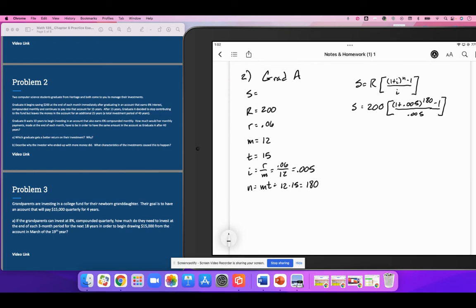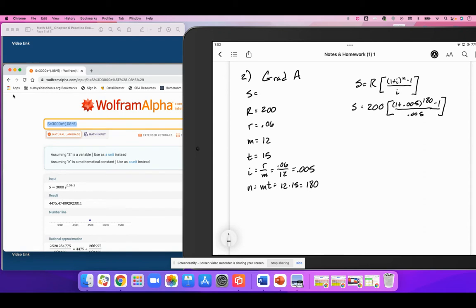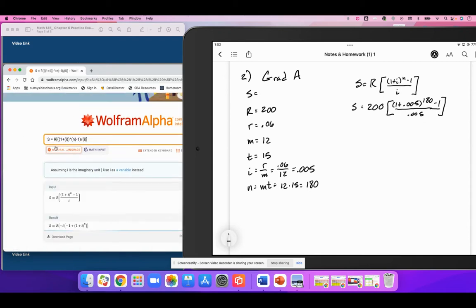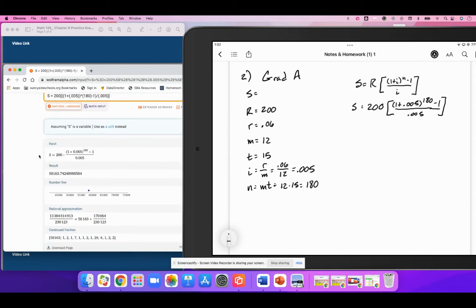Again, future value of ordinary annuity, because the amount of money we're contributing to this account and hopefully the size of the account is growing. So we end up with $58,163.74.